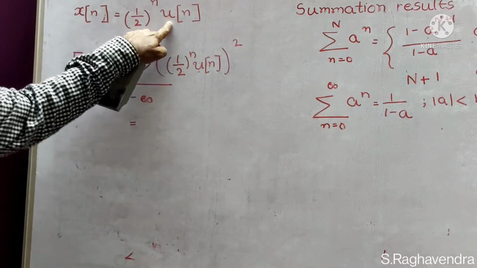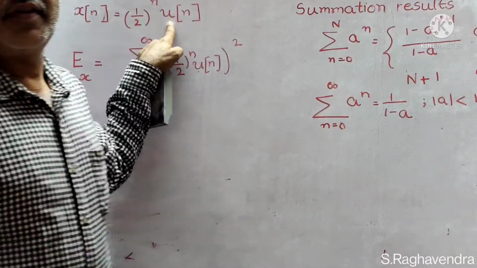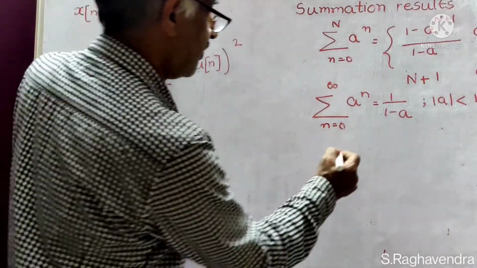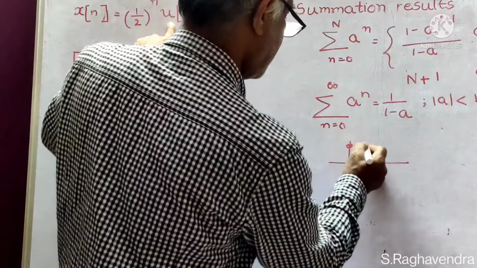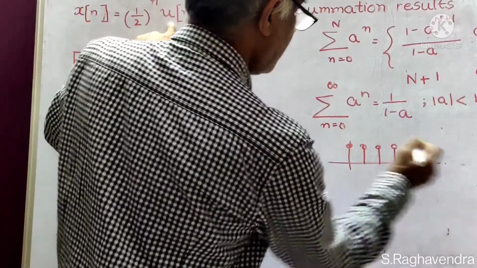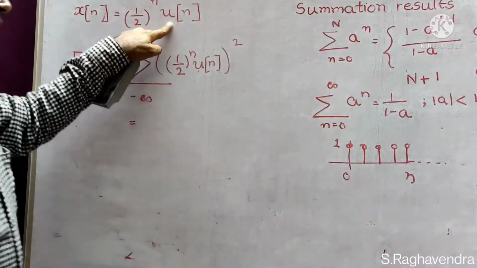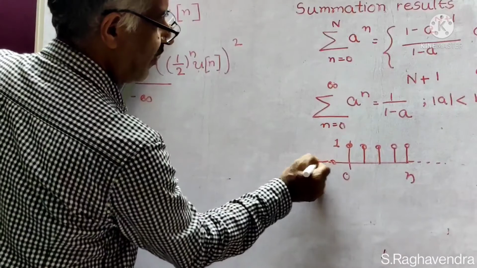So what is this u of n? u of n is called the step sequence. It exists only for non-negative values of n with the value 1: at 0, 1, 2, 3, and so on. For negative values of n, it is 0.